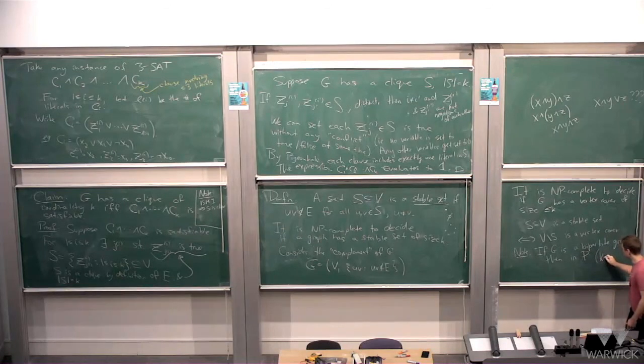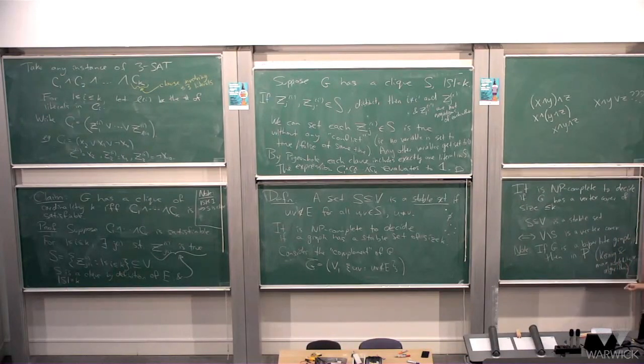So this is applying Koenig's theorem and a max matching algorithm. You just find the biggest matching, apply Koenig's theorem, max matching size equals minimum vertex cover, and you'd be done, right? You just see if that's bigger or less than k.